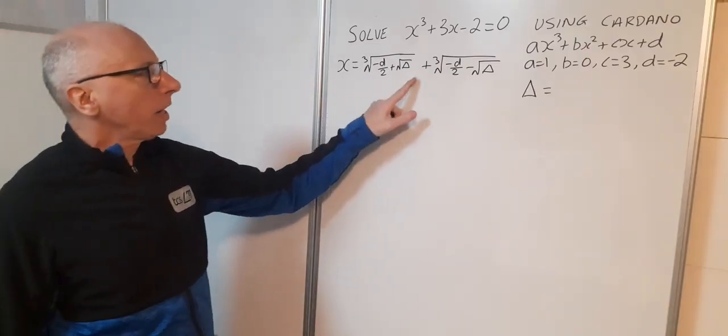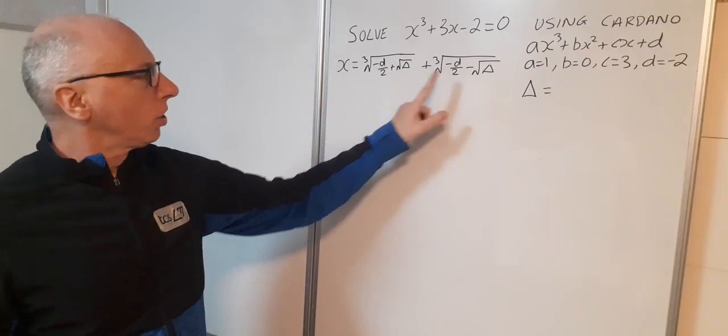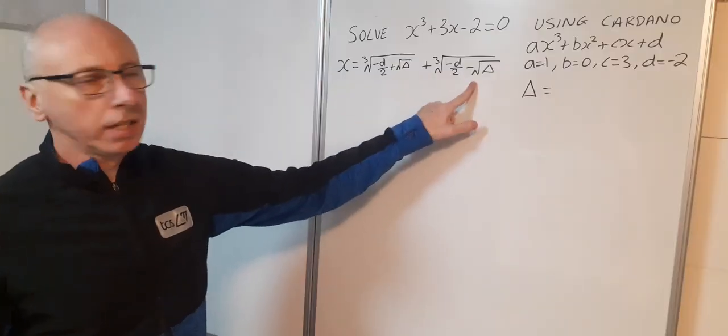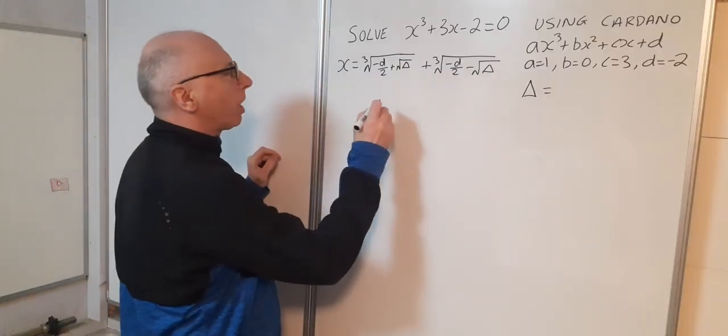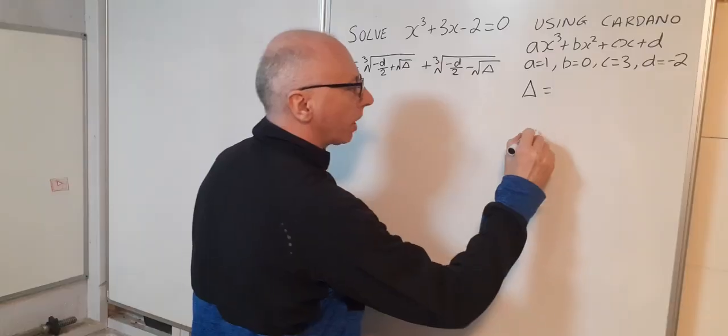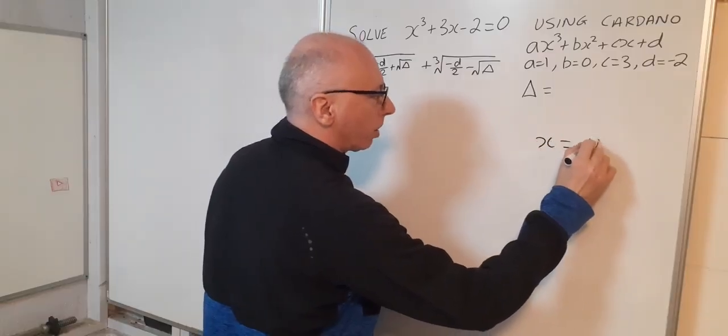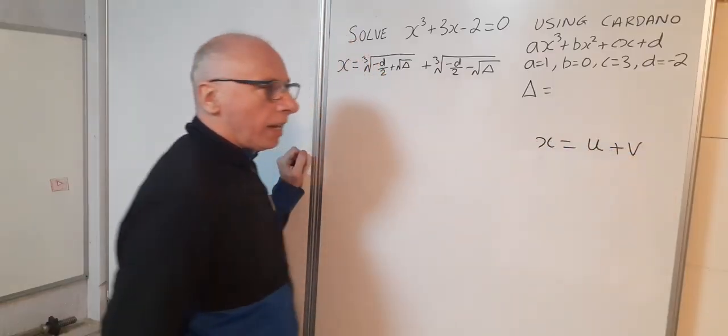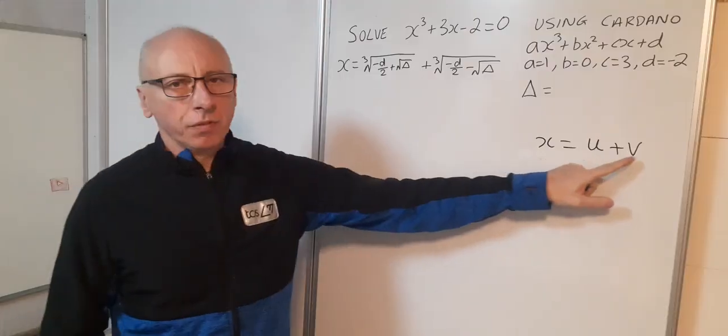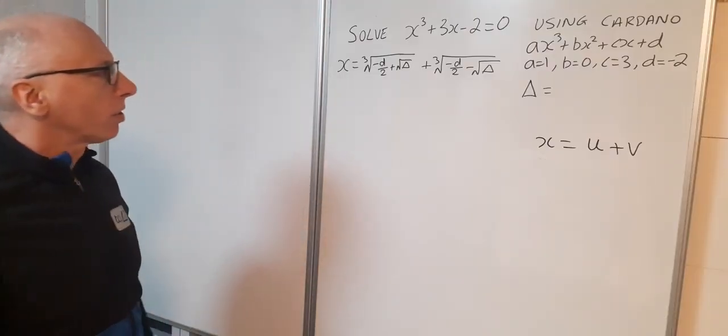Now this term here and this term here, I'm going to call a u and a v. So I'm just going to put a little note over here: x equals u plus v.